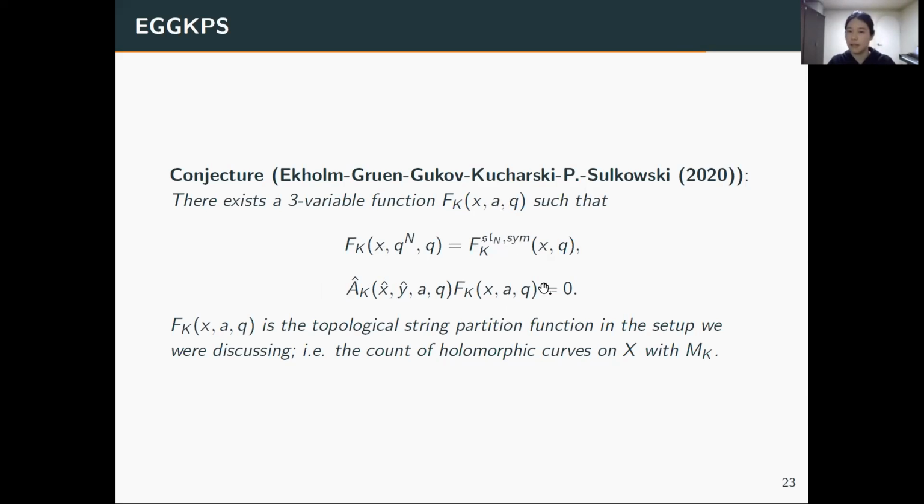Also, it should be annihilated by the A-deformed quantum A-polynomial. Finally, from the physics point of view, this should be thought of as the topological string partition function in the setup we were discussing. That is, it counts the holomorphic curves on the resolved conifold with the knot complement Lagrangian in it.